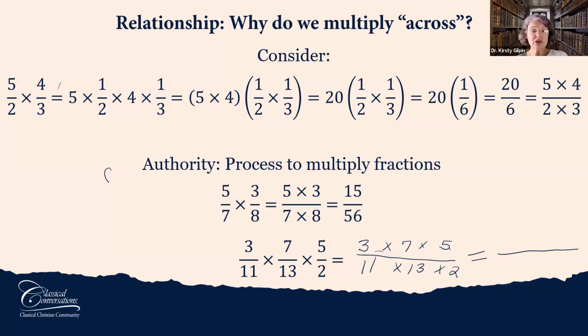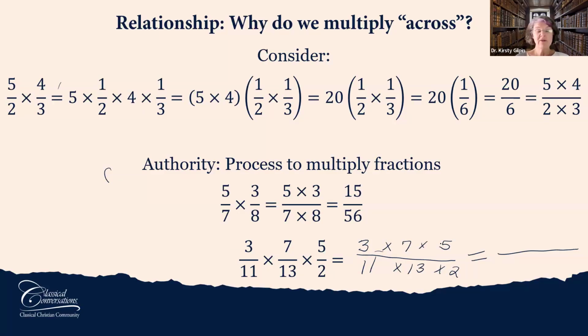Now, with your older students, when you're doing this, if you have students who think, I already know how to multiply, I would encourage you to challenge them to look at this and not just work left to right, but to instead ask, what is the most efficient way to multiply?